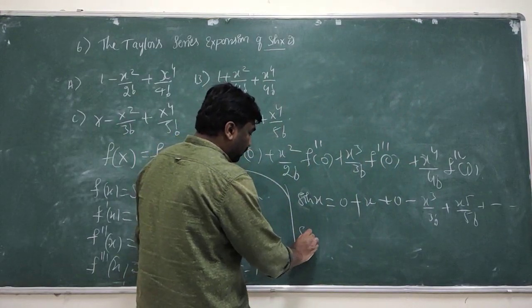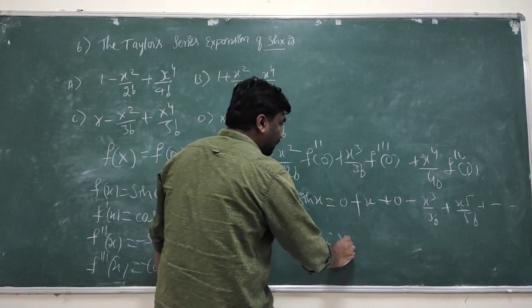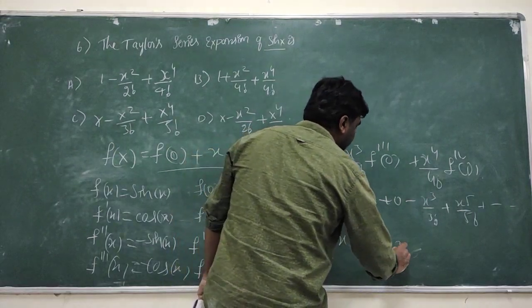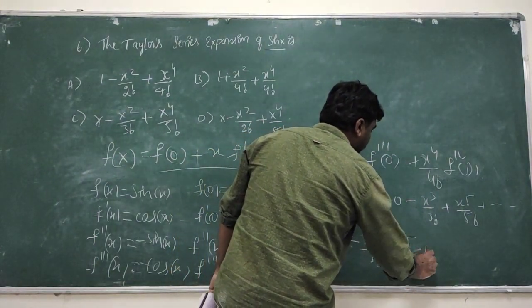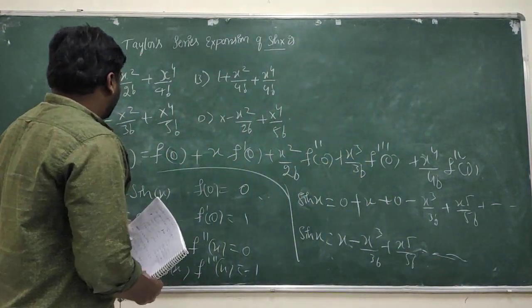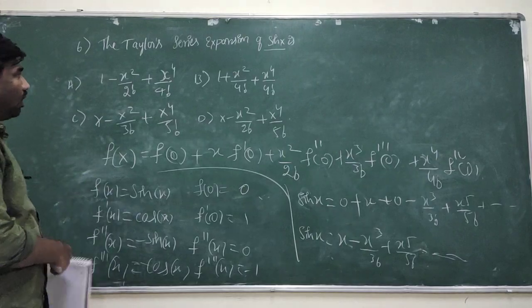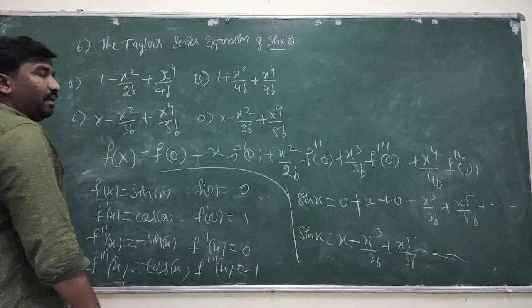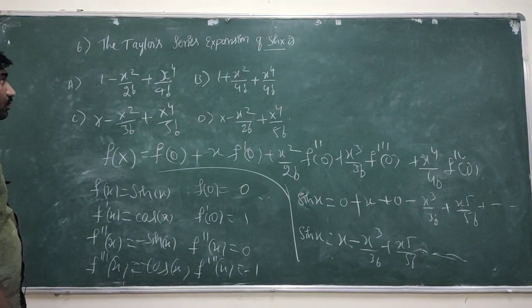So therefore sin x expansion is nothing but x minus x cube by 3 factorial plus x power 5 by 5 factorial and so on. But this answer is not in the given options, so maybe this is also a Gray's question.